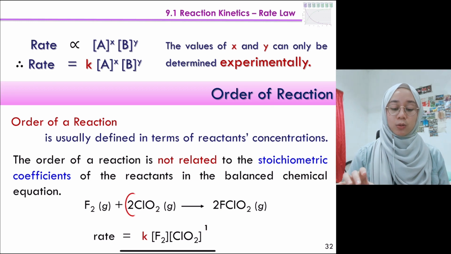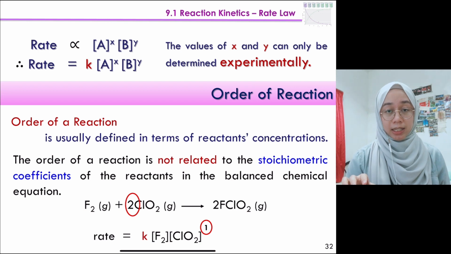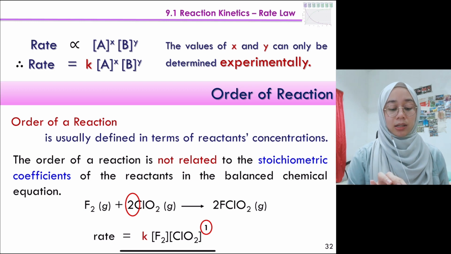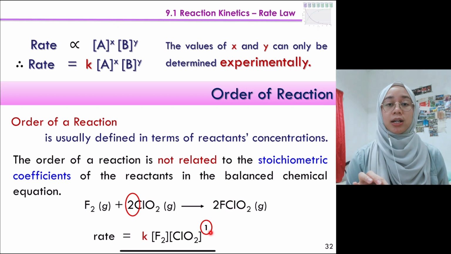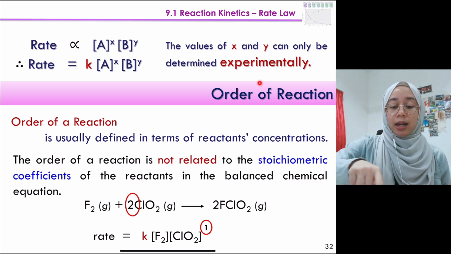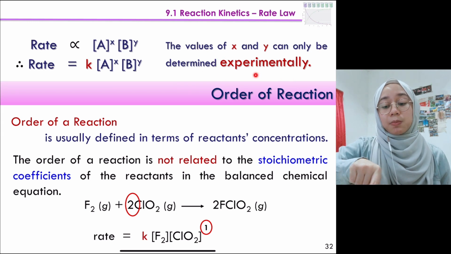Kenapa? Sebab nak tunjukkan dekat kamu yang the order of reaction dia tak ada kaitan pun dengan di stoichiometric coefficient. Okay, so despite dekat sini stoichiometric coefficient of ClO2 adalah 2, tapi order of reaction sebenarnya tak ada kaitan pun dengan kita punya coefficient kat sini. Bear in mind, the value of order of reaction, it has to be determined experimentally.